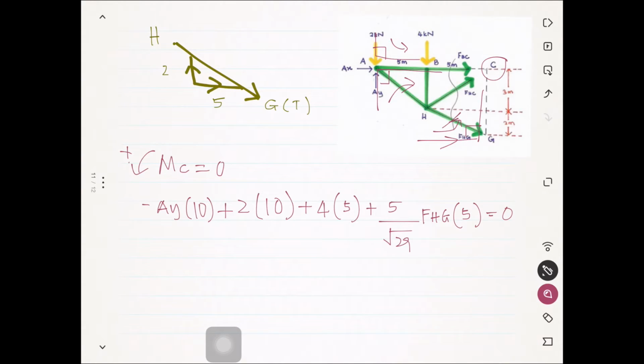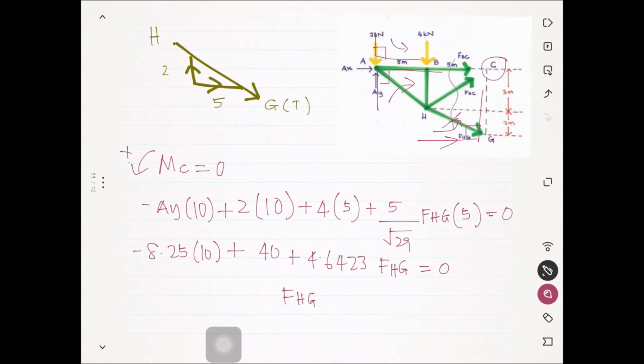We get negative 8.25 multiplied by 10 plus 40 plus 4.6423 FHG equal to 0.